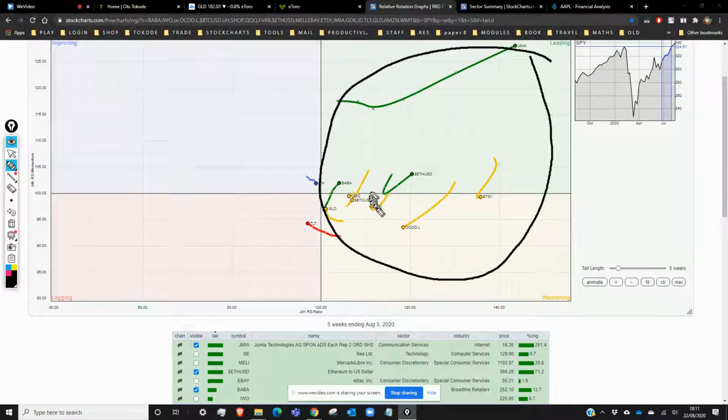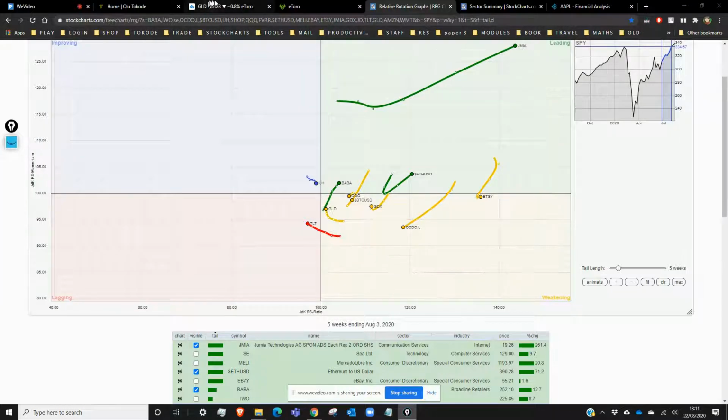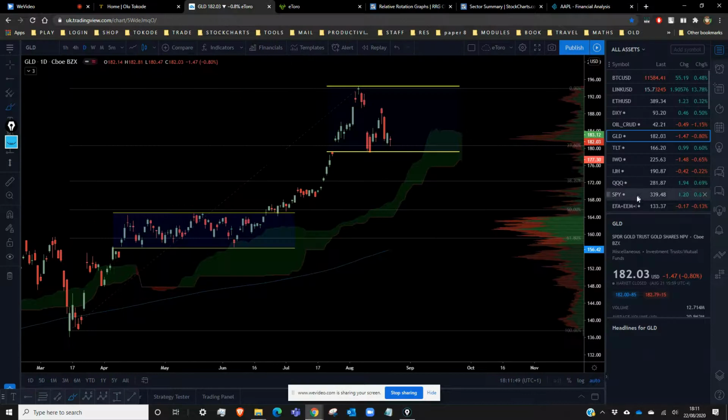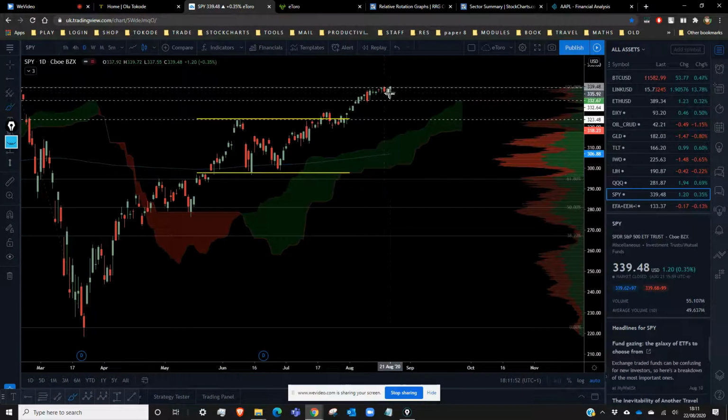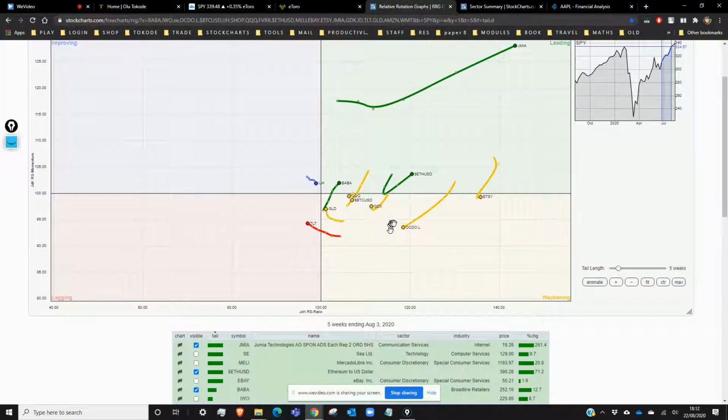So the plan here is, if there is no pullback and the SPY just blasts through this resistance to form new all-time highs, I think it already has a new all-time high, but if it just continues even higher, then I'll just add to my positions.